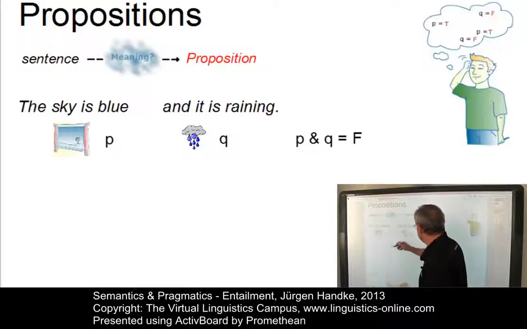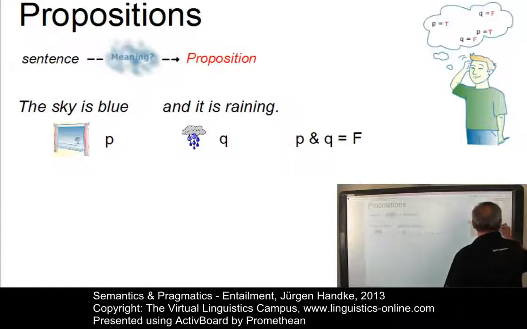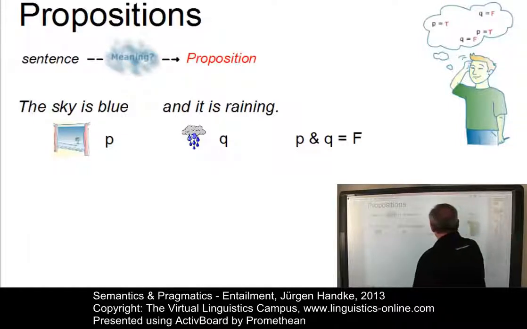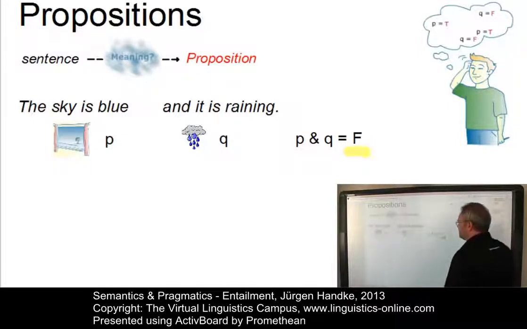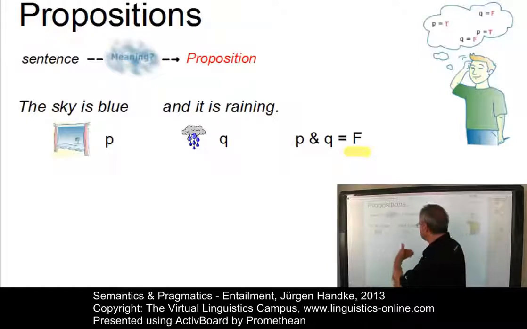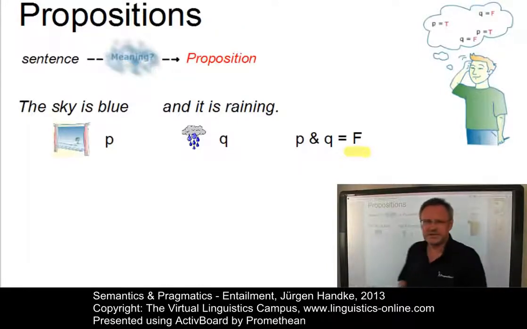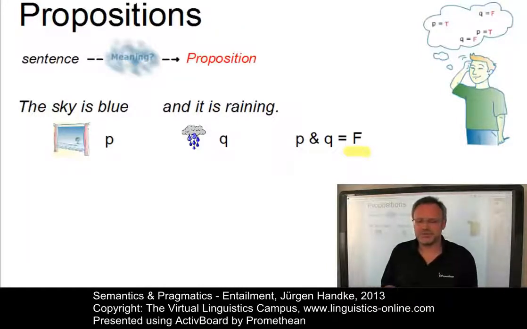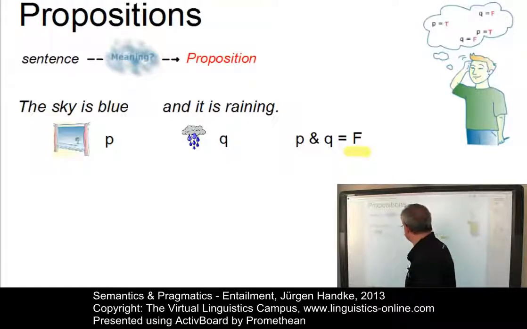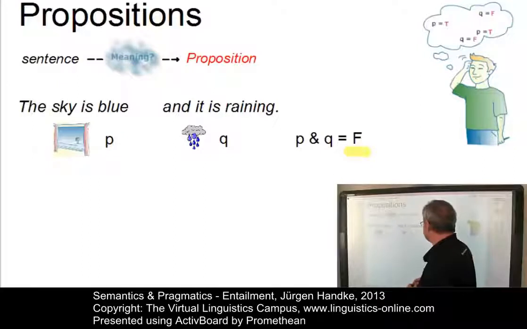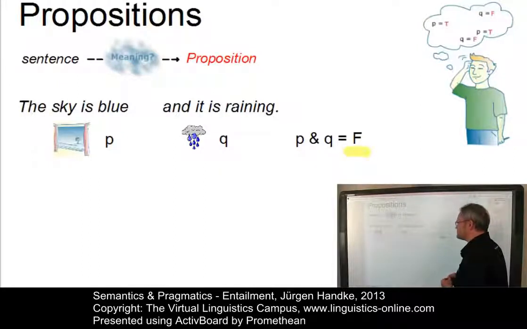The conjunction P and Q requires that P and Q must both be true, but this cannot be the case because it cannot at the same time rain and the sky is simultaneously blue. So one of the two conjuncts is false according to our understanding of the world, so the conjunction P and Q must be false.